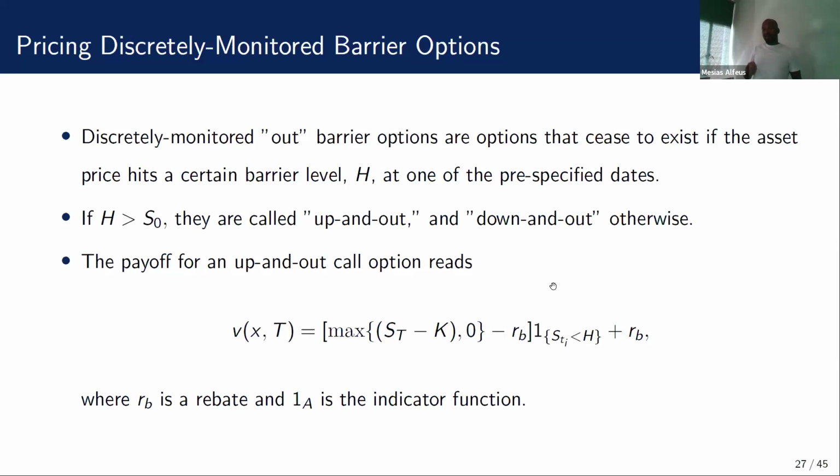Normally you will have the evolution of the asset price, and then you look at maturity and whether you should exercise the option or not. But here there's an extra condition, because before you even get to maturity, you put a barrier.